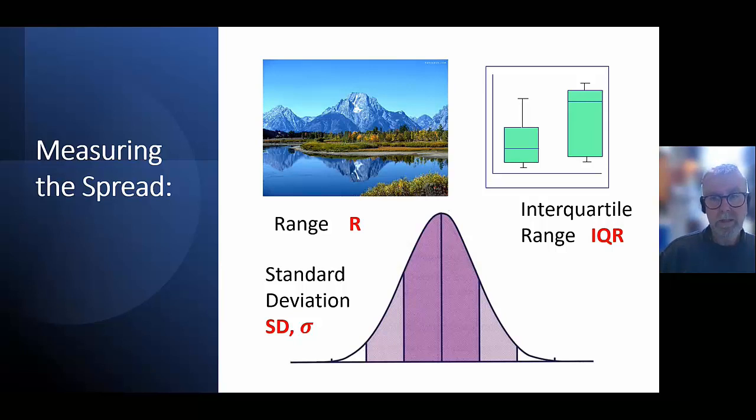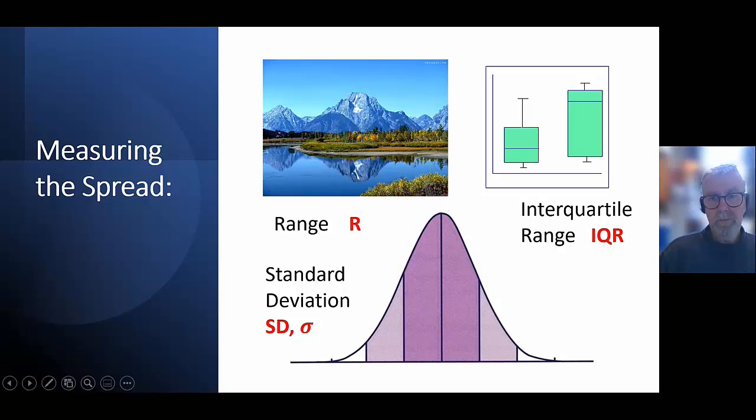Then we find the median of the upper half of the data and call this value the upper quartile. And finally calculate the upper quartile minus the lower quartile to give us the interquartile range. And you'll notice that for both range and interquartile range, we are ultimately using only two numbers.